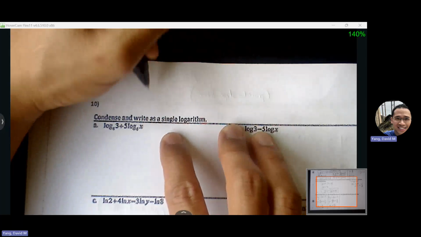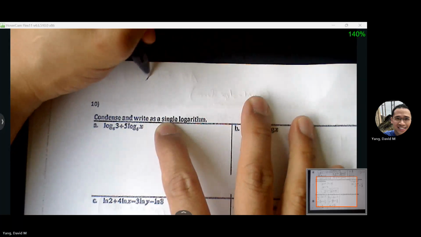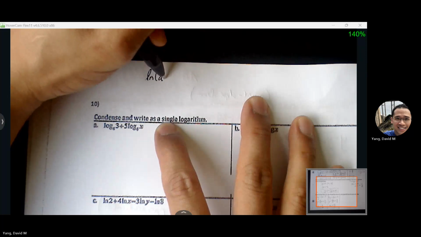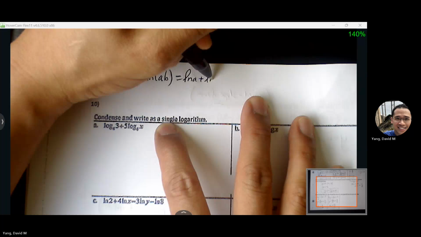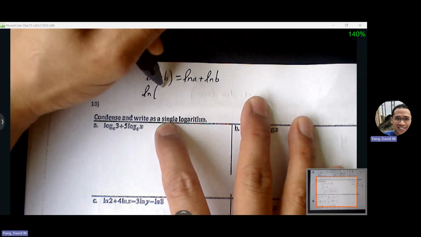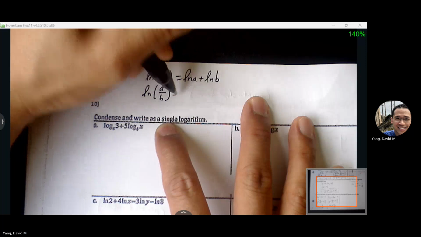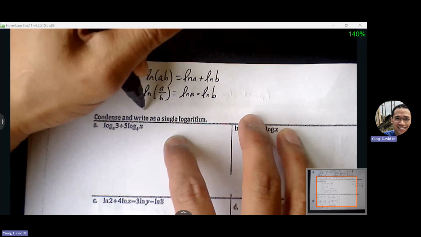Let me write out the 3 properties. You've got the product property, you have the quotient property, and then you have the power property.